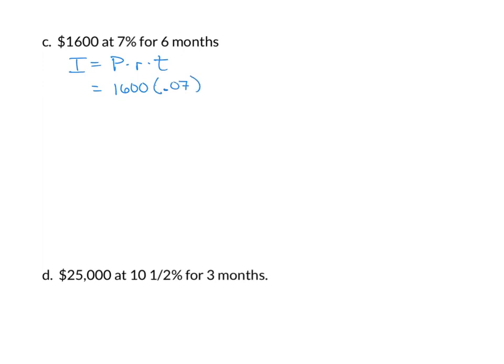We're going to move our decimal place 2 to the left. And now we do want to be careful with the 6 months. I don't want to plug in 6. What do we want to plug in? Remember that our time is always in years. So 6 months is how much of a year? We're going to divide by 12. That's how many months are in a year. And we get 1/2 or 0.5.